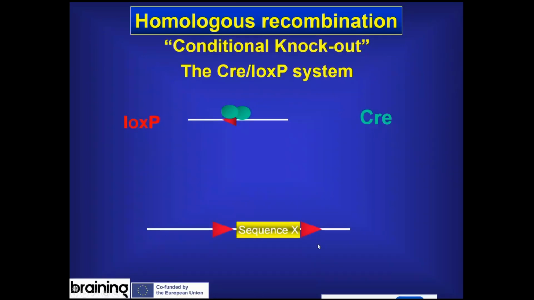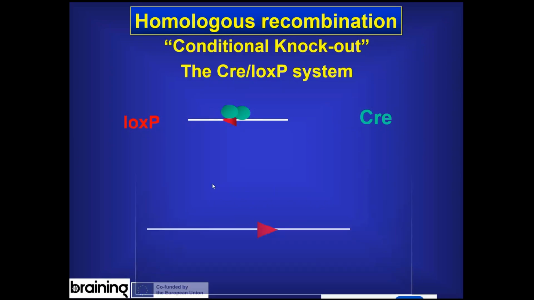So if you have a given X sequence between two LoxP sites, Cre recombinase will simply take it out and delete it. This is a way through which bacteria learned to fight this virus. So when a bacteriophage is infecting bacteria, the bacteriophage has LoxP sites, and the bacteria with Cre is chopping its DNA.